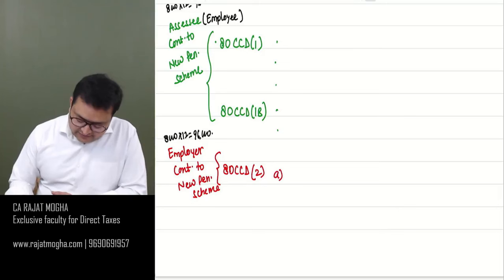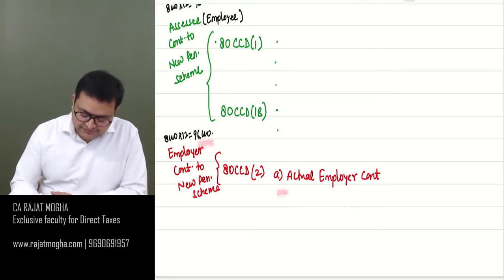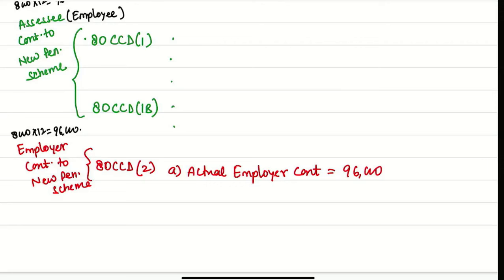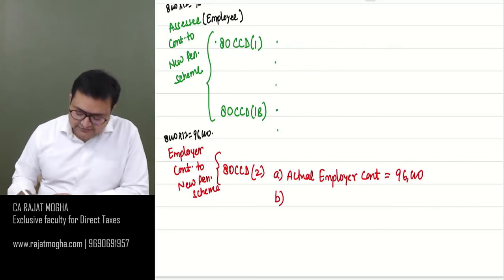First, A, actual employer contribution, which is 96,000. Keep on writing with me. And second limit is 10% of salary.